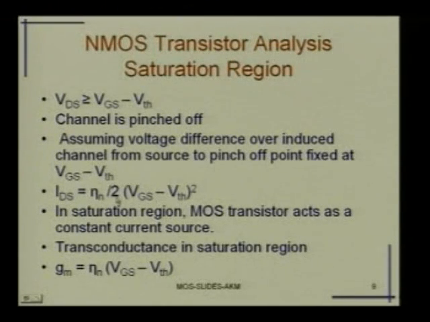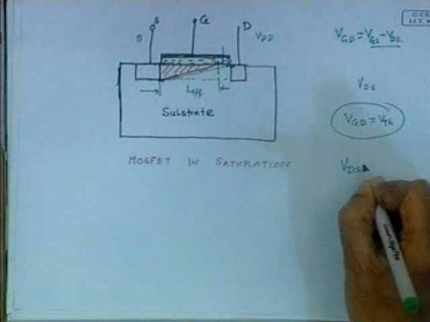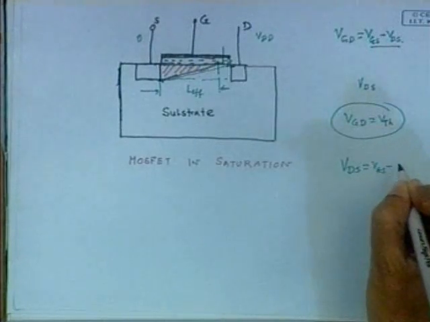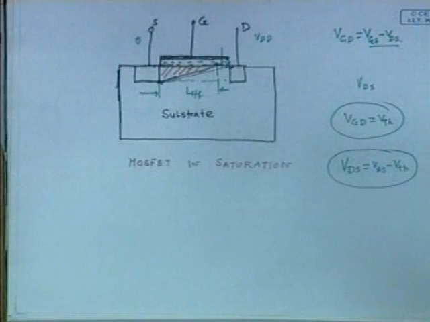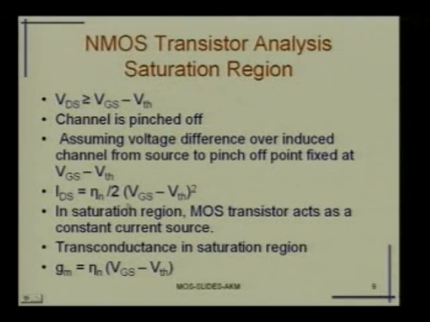This equation is derived from the previous one by substituting VDS equal to VGS minus VTH. At this potential difference between the drain and the source, channel pinch off starts, and when the channel pinch off starts, no more increase in the current is expected, and the current will then vary only with VGS.